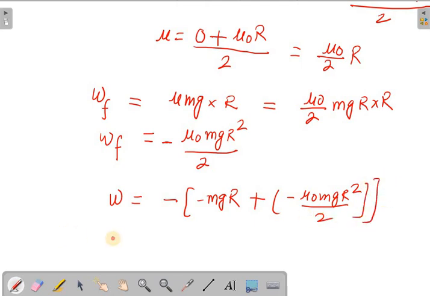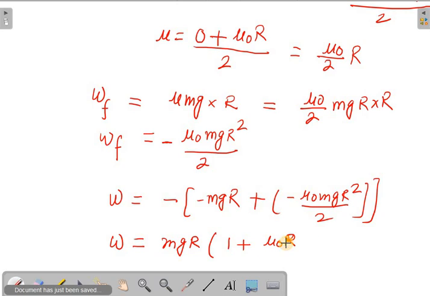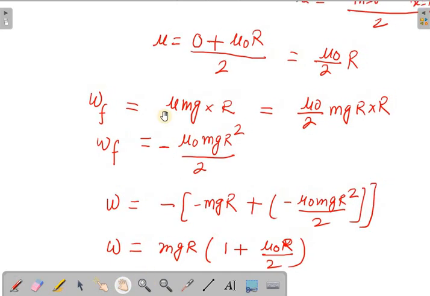Okay, on simplifying, we can write W equal to mgr into 1 plus mu naught r upon 2. This is basically the second method. Now we will use the third method, that is basically the graph method.